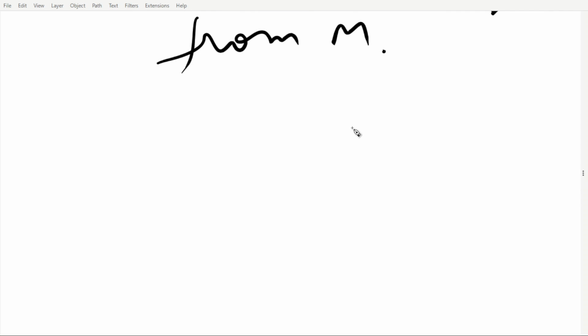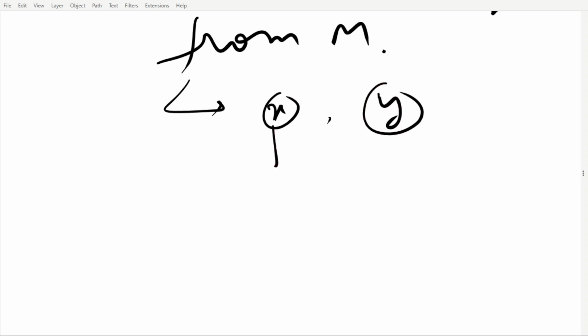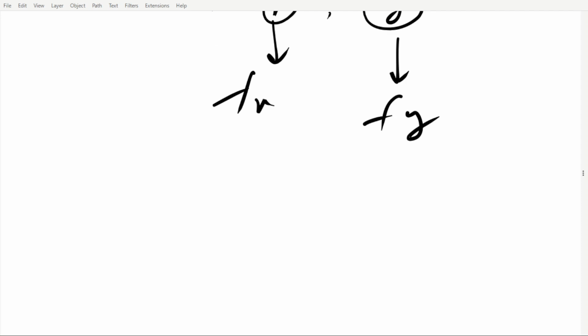So for simplicity, we can assume that the two extracted elements are, let them be named x and y, with the corresponding frequencies fx and fy, and merge.